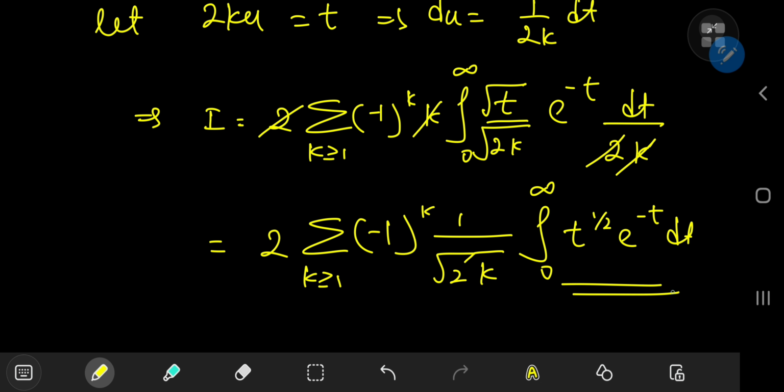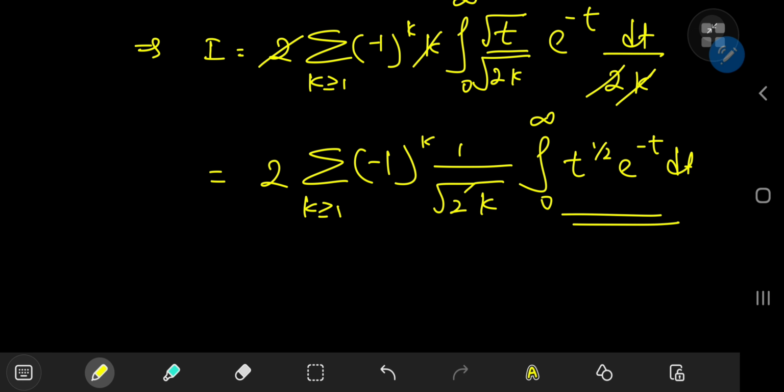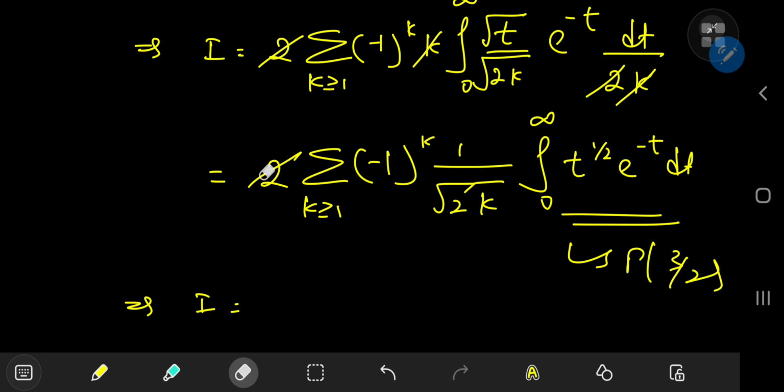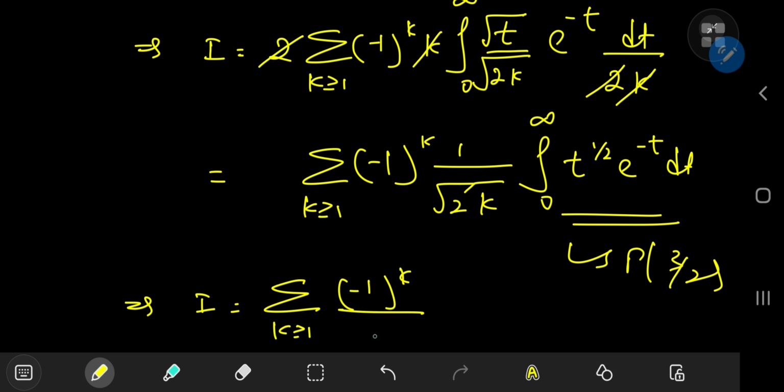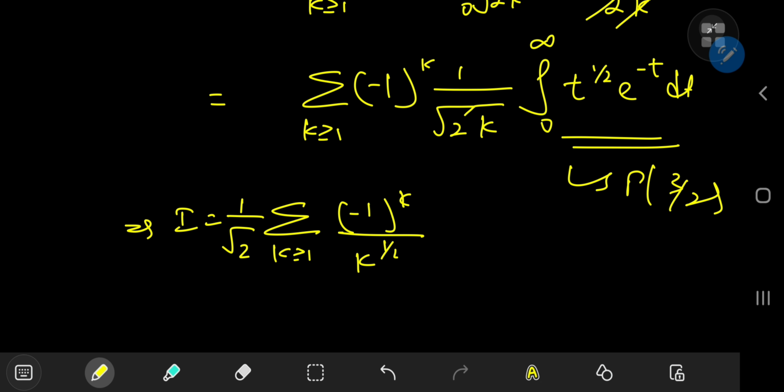So we have a familiar favorite, the gamma function, and this is the gamma function with the argument equal to 3 by 2. So this implies that I equals, wait a second, I had gotten rid of this 2, right? So yeah, we're rid of this 2. So I equals the sum over k of negative 1 to the k divided by k to the 1/2, and we're going to write this reciprocal of square root of 2 outside because it's just a constant multiple, times gamma 3 by 2.